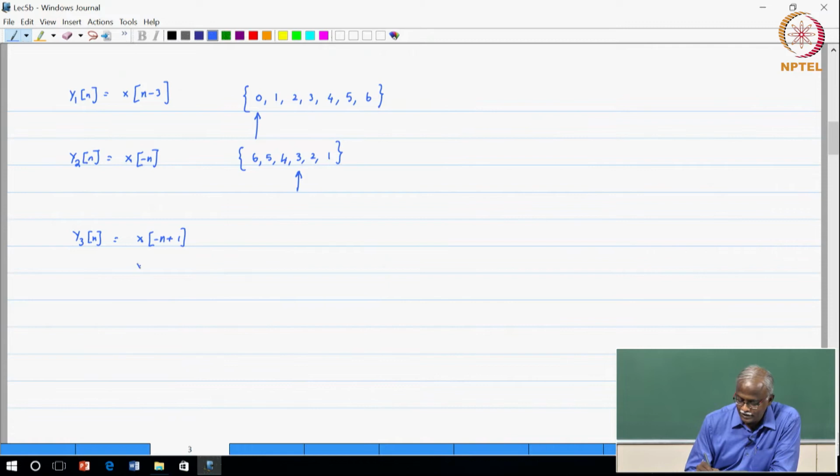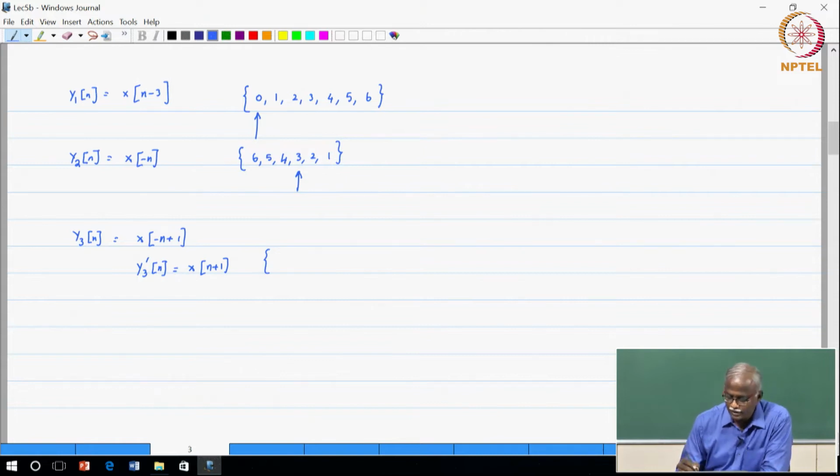So the steps that I would suggest: write an intermediate sequence y3 dash of n, which is x of n plus 1. So you've taken care of the shift. So this will be a sequence. N plus 1 means you are advancing the sequence by 1, so 0, 1, 2, 3, 4, 5, 6, and zeros outside of that range.